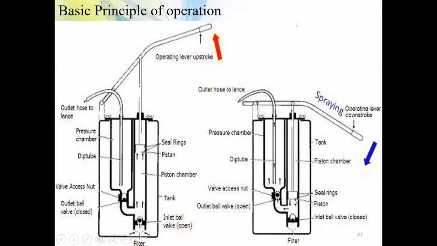So the pressurized fluid in the piston chamber is flowing inside the pressure chamber. By adjusting the trigger valves, we can control the flow rate. While opening the trigger valves, we have the flow through the hose and lance, and finally from the nozzle the pressurized liquid is flowing out. Did you understand?